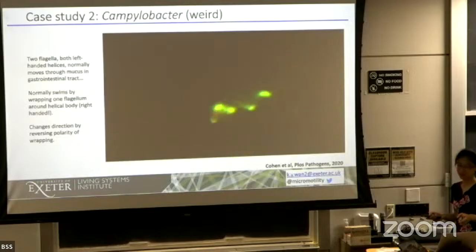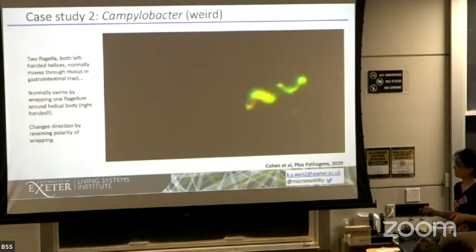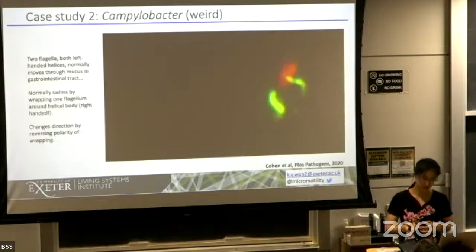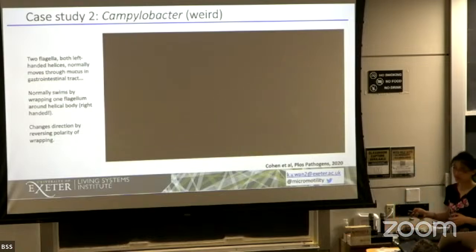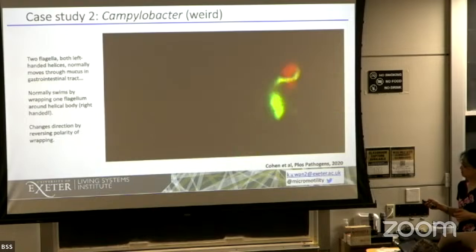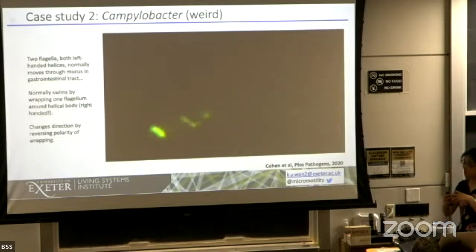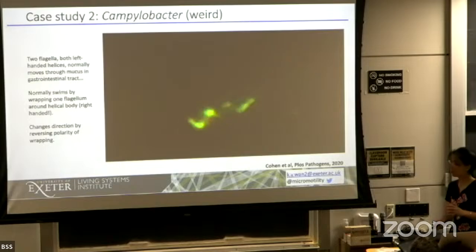It's really hard to wrap your head around what's happening. But if you read the paper, they say basically that in order to swim forwards, one of these flagella is actually doing the propulsion, while the other one is wrapped around the cell body itself.